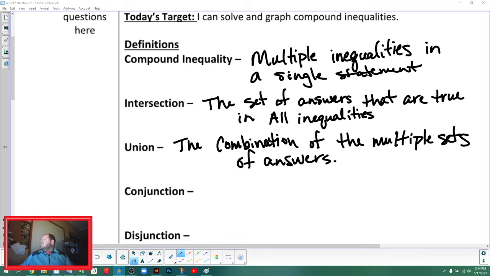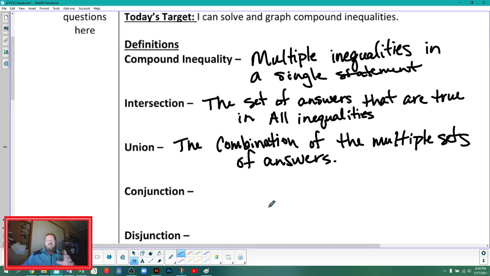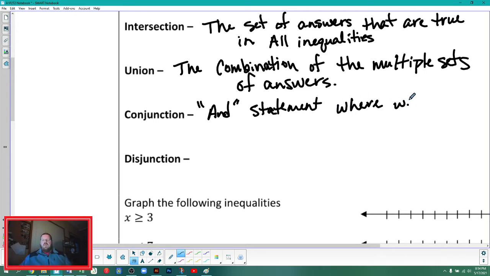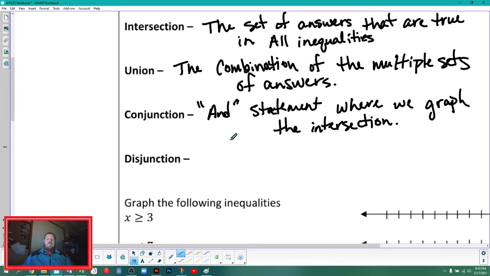Okay. Then we have two other forms that kind of set all this stuff up. A conjunction of a compound inequality is an and statement where we graph the intersection.